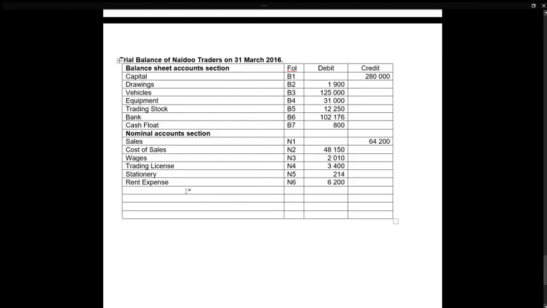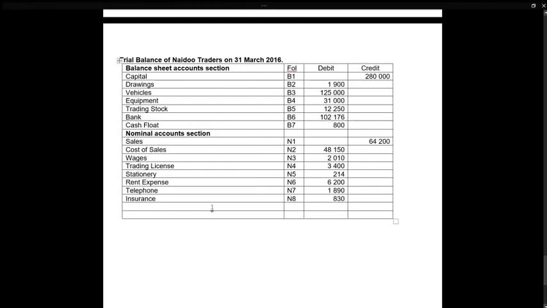Then after rent expense we had the telephone account, which was N7, to a value of 1,890 Rand. And then we had insurance, which will be N8, and the amount was 830 Rand.